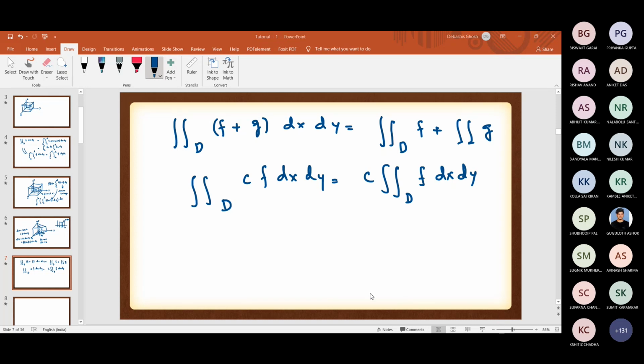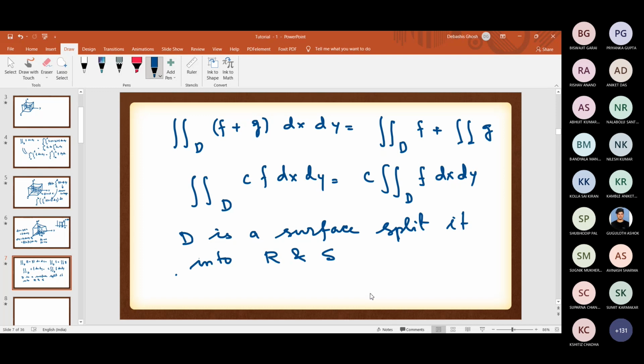So if you are going to do the integration over a region, we can split those two regions, so that split can be done. Suppose D is a surface, and we split it into two surfaces, say R and S. Then we can take the integration over D, and R and S should not be overlapping.